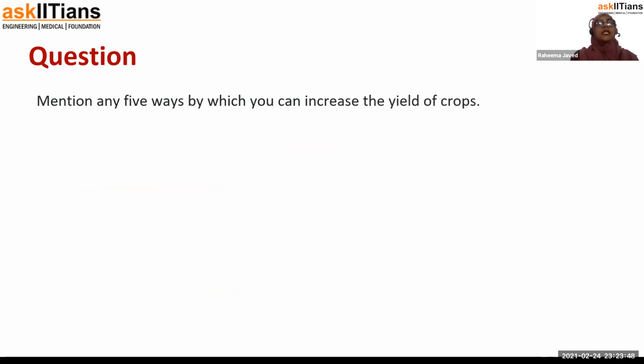Okay, the next is, mention any 5 ways by which you can increase the yield of crops. So first point is about crop patterns. Crop patterns include mixed cropping, intercropping, crop rotation. Second is minimal use of pesticides.